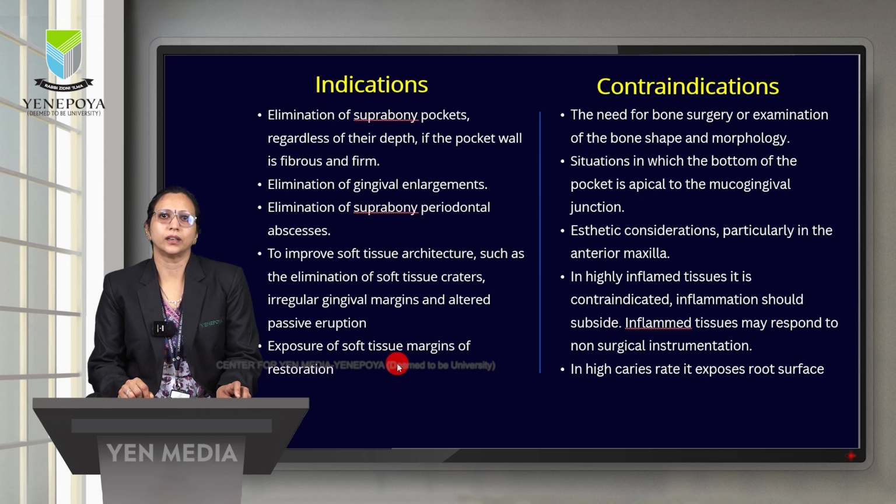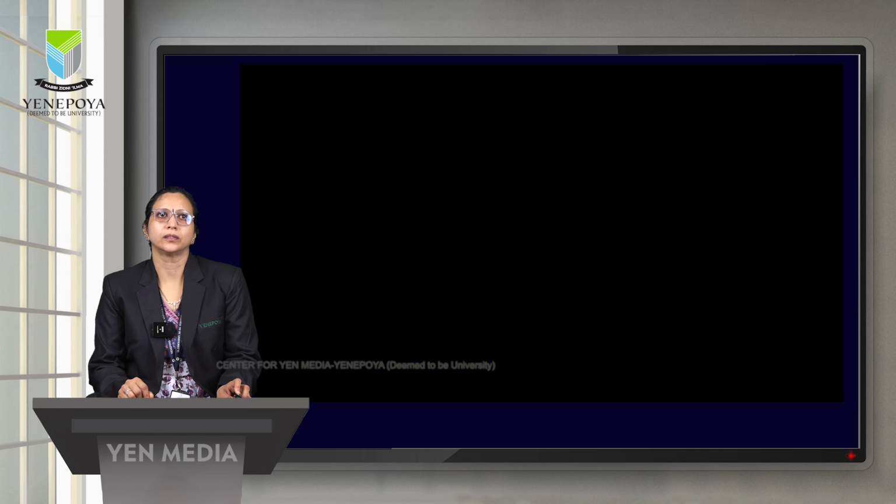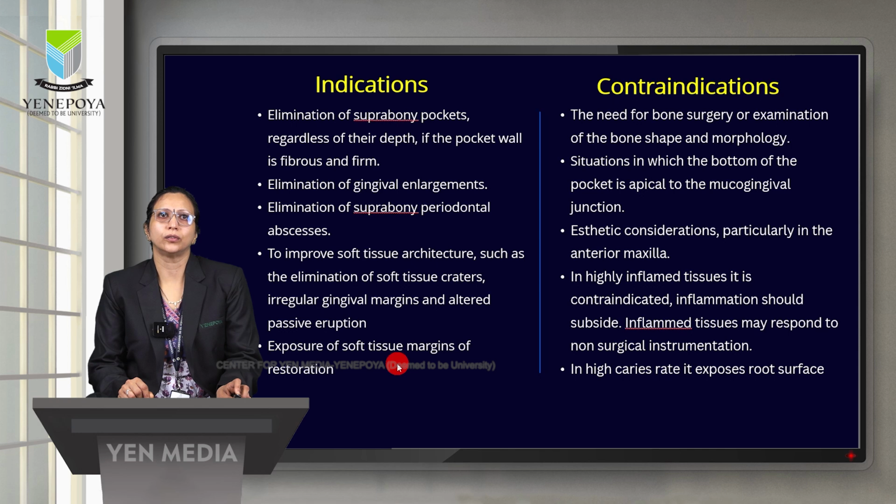First and foremost, it is to eliminate any suprabony pockets regardless of their depth if the pocket wall is firm and fibrous. Second is elimination of gingival enlargements. Another indication is to eliminate any suprabony periodontal abscesses.